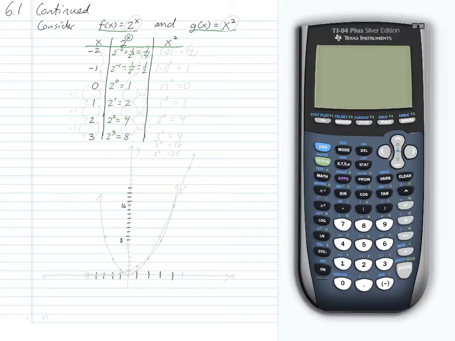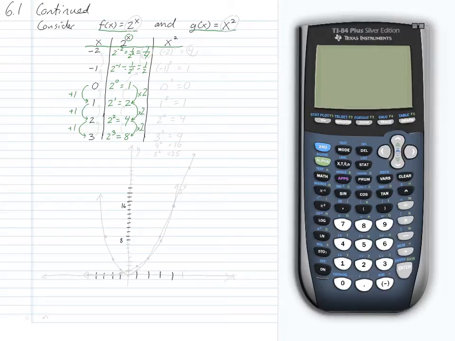So notice, for each increase in x, our previous value gets doubled, right? We add 1 to x, and we double y. We add 1 to x, then we go from 4 to 8, double y.